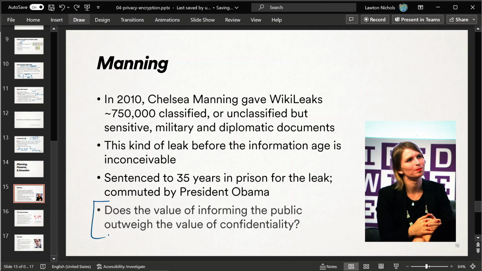And so the question is, she found something that the government was doing wrong, in her opinion, and she wanted to inform the public. The question is, does the value of informing people about bad things outweigh the value of confidentiality? It was illegal to do this leaking. Was it a good idea?